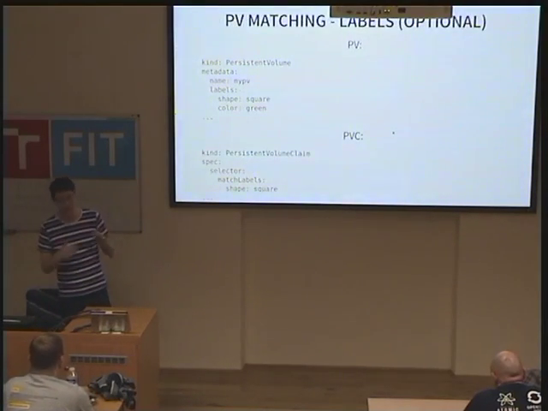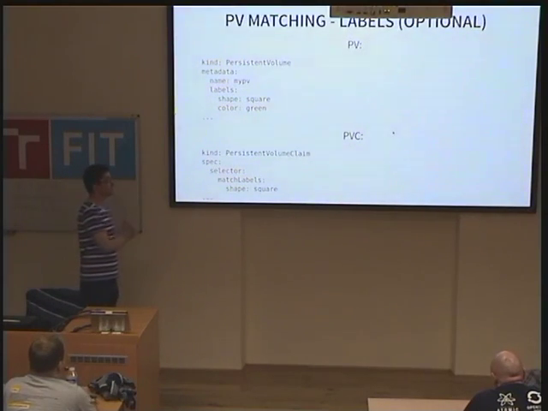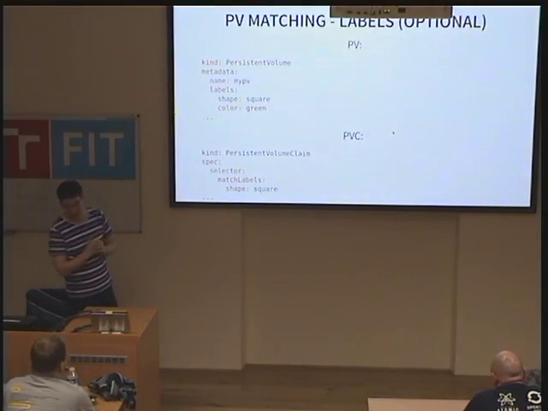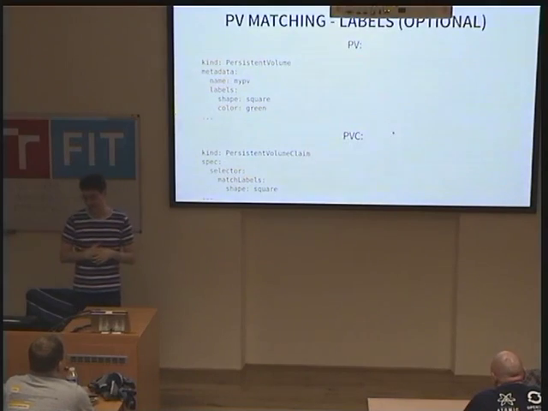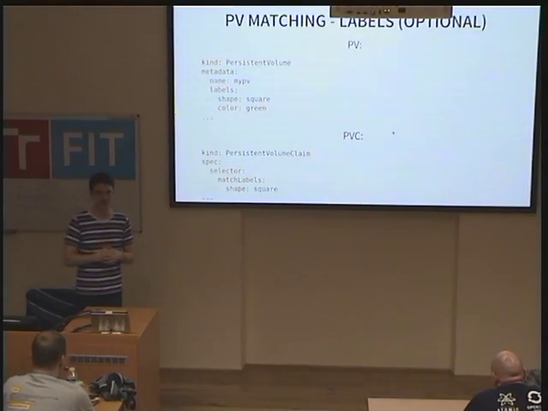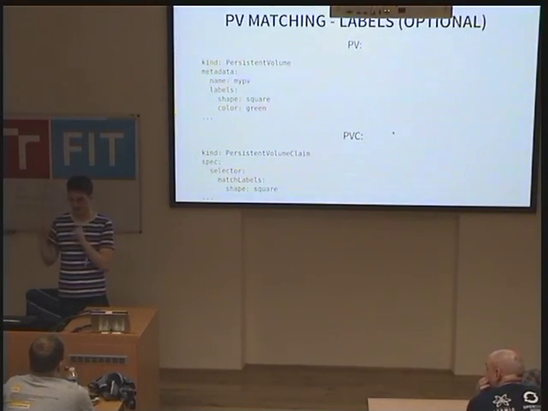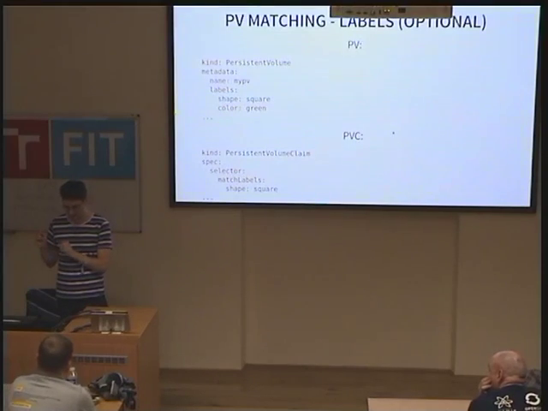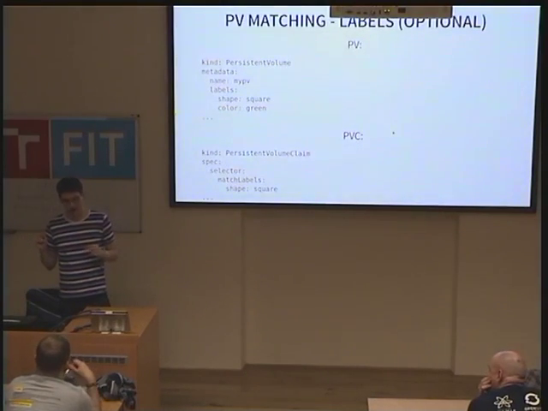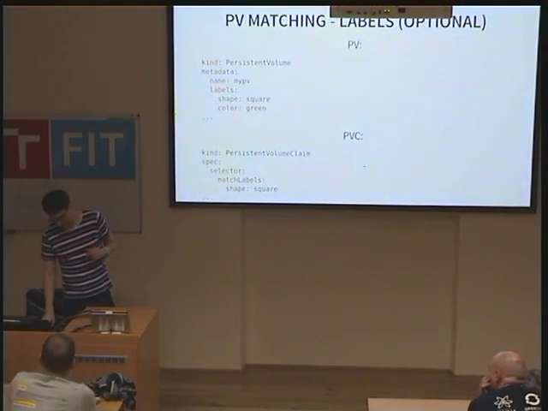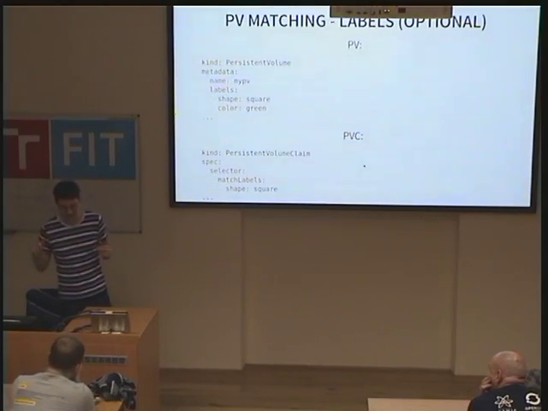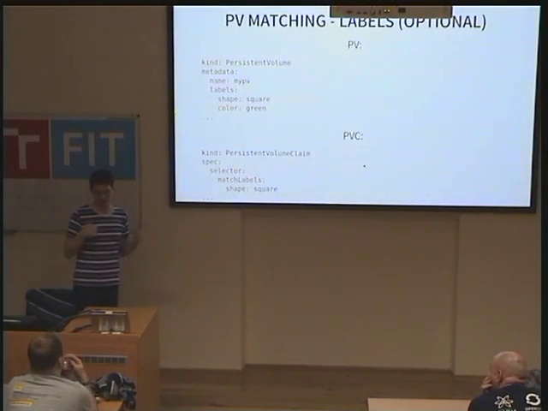Then we have something very similar to storage classes, which is labels. In Kubernetes and OpenShift, we use labels for anything. Every object can have labels. It can have as many labels as you want, which is different from storage class. A storage class can be only one in a PV. And the user then can request a volume with specific labels.